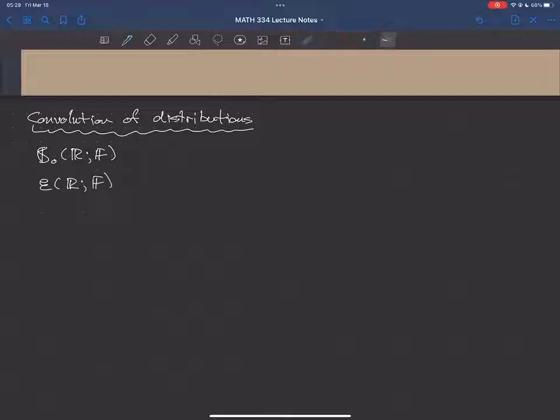Okay, so B0 were the infinitely differentiable functions on R, for which they and all of their derivatives go to 0 at infinity. Okay, and then we had E, which is just the class of all infinitely differentiable signals without any restrictions on them.